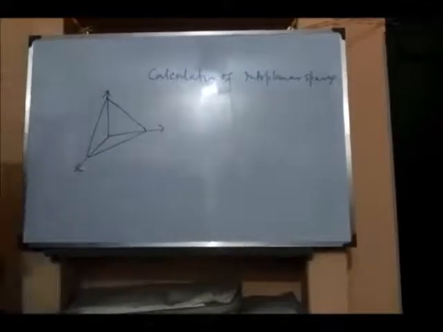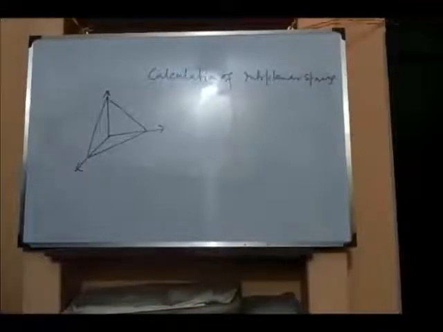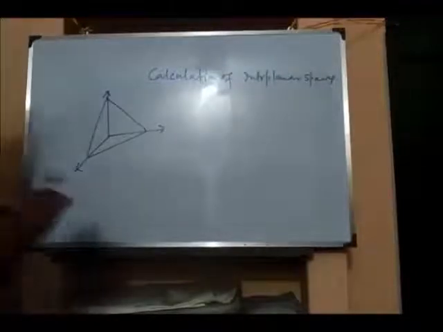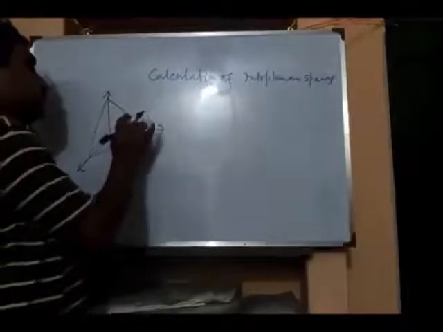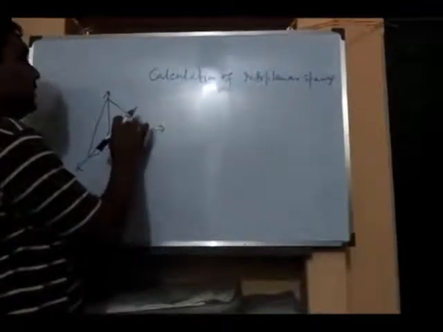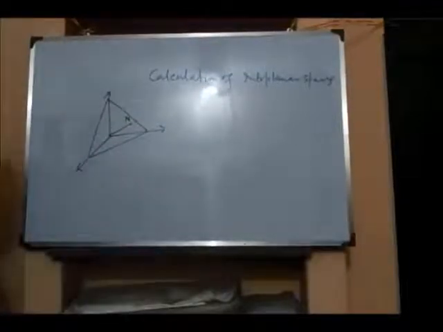Okay, so this is the plane. Now you can draw the normal on the plane which is passing through the origin. So let us consider that this is the normal on the plane.